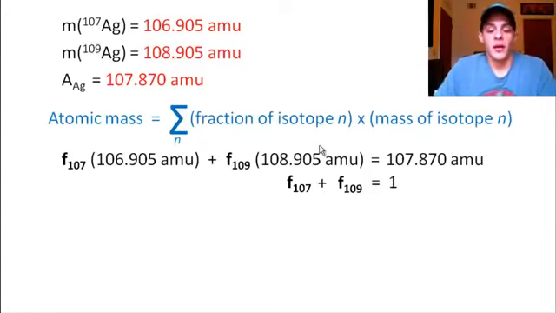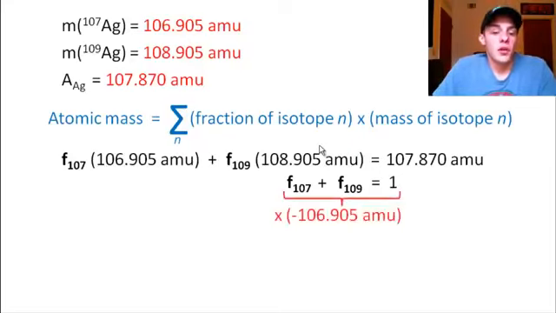So let's do that. So the factor that I'm going to choose, again, I'm trying to eliminate one of my variables. So I'm going to multiply this bottom equation here by negative 106.905 AMU. Okay? So if I multiply the equation by this term, that means I have to multiply each of these individual terms by that negative 106.905 AMU.